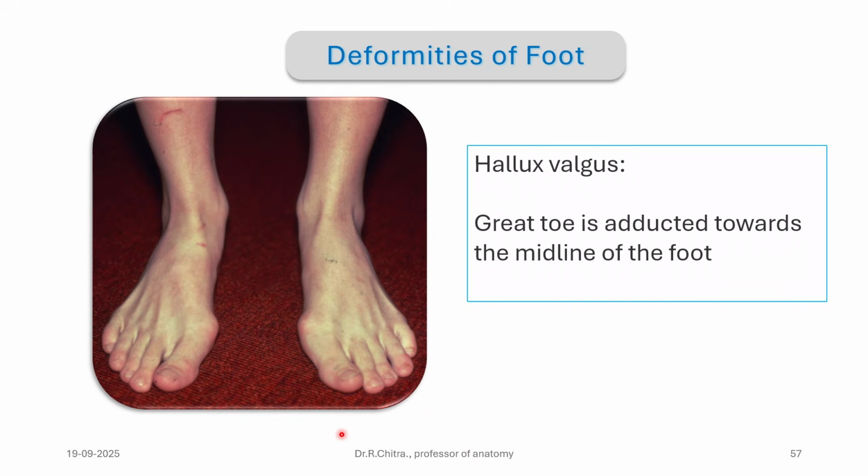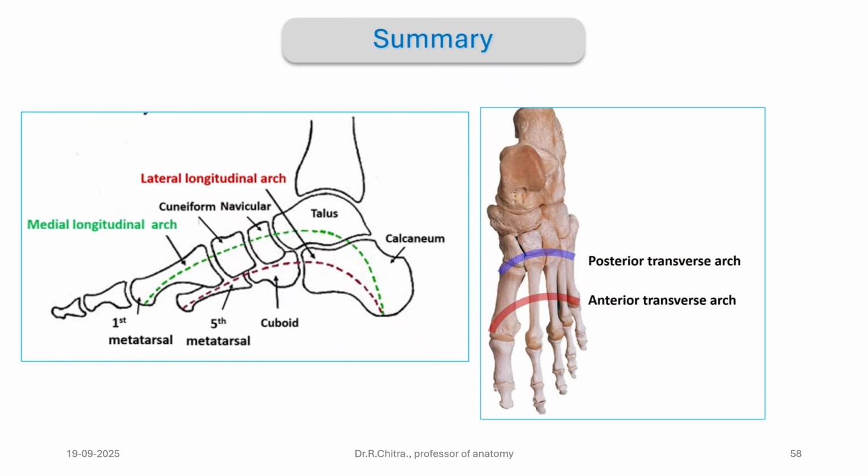This is Hallux valgus. So we have completed the longitudinal arches, transverse arches and the supports of the arches in detail. Now you can understand its structure. It is structurally designed for its two main functions which we started in the beginning of the session.